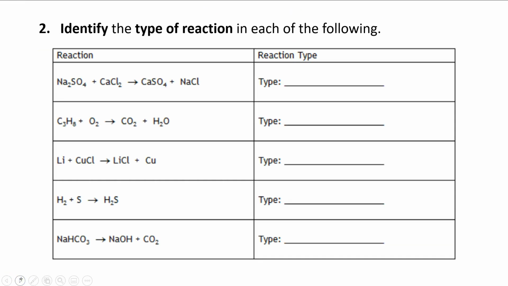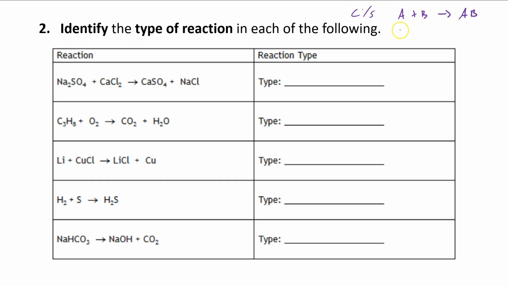All right. So what requires slightly more thinking, right, is identifying reaction types based on patterns, right? So again, what we're looking for is one of our 5 patterns, right? We've got the A plus B yields AB, which is our combination or synthesis.